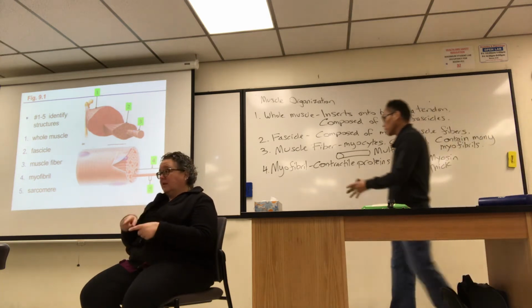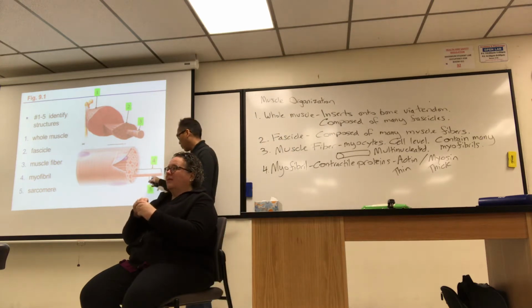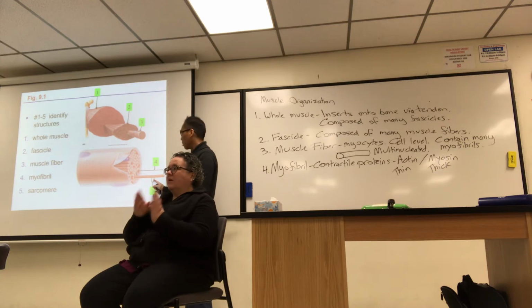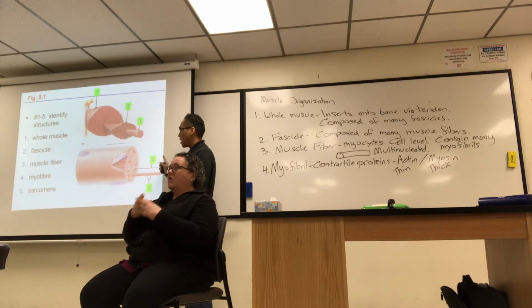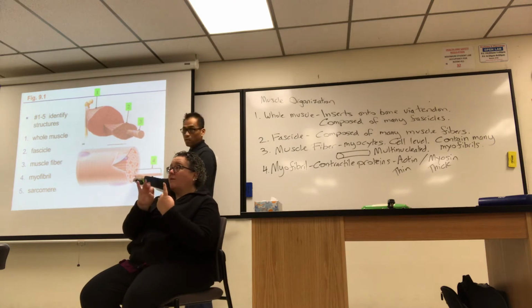So what we see is that there are these little substructures within the length of a myofibril. That's level of organization number 5. It's called the sarcomere. So one myofibril is many sarcomeres in a row.